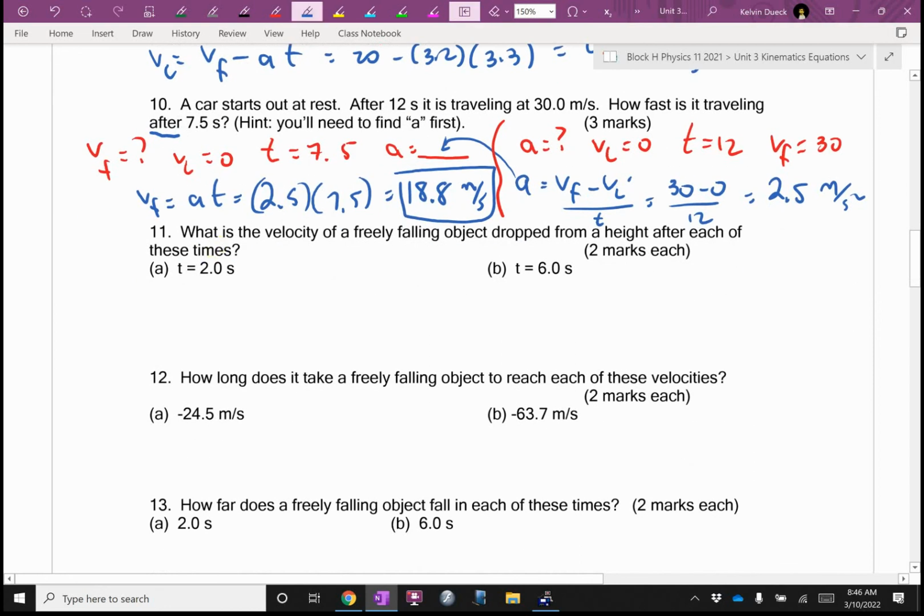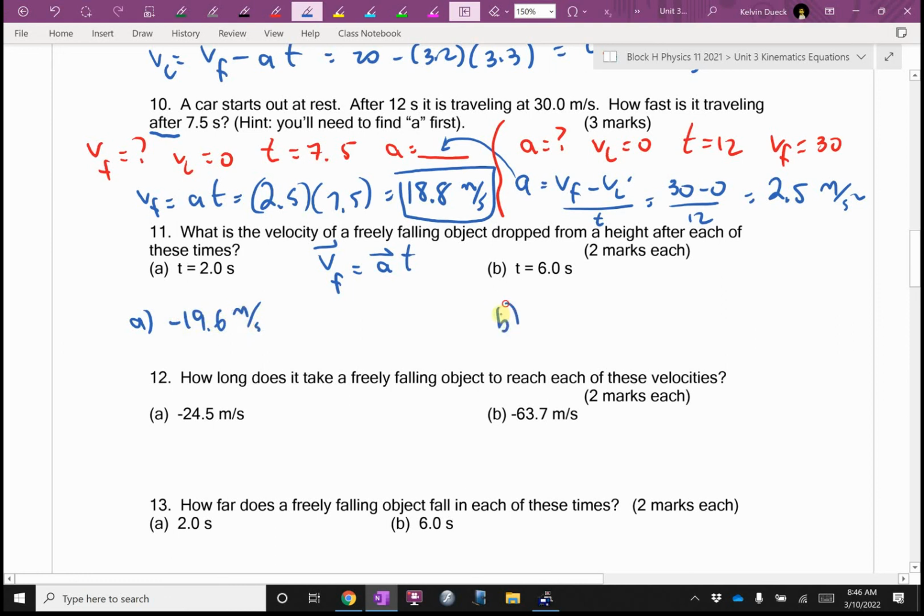Number 11 says, what's the velocity of a freely falling object dropped? Looks like they want me to find VF. In fact, I said, you know what? For each of these, I'm going to go VF equals AT. VI is 0. And so I think for part A, when you go negative 9.8 times 2, negative 19.6, is that correct?